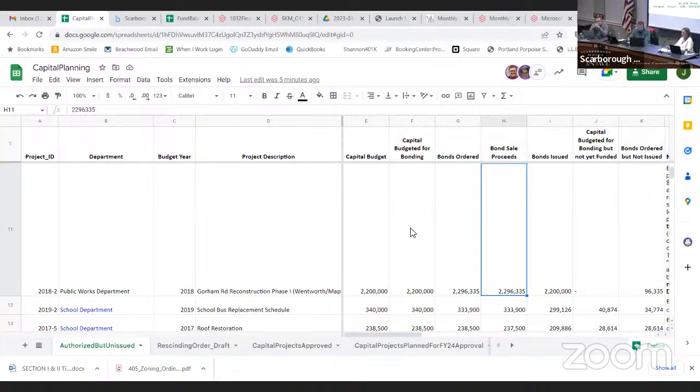And it seems as though that's how we've been interpreting it, is that those authorizations are still there because they are technically. That's part of what I'm trying to clarify with pushing for the rescinding order, is that really we need to go out and, one, increase our budget and ask for additional authorization.